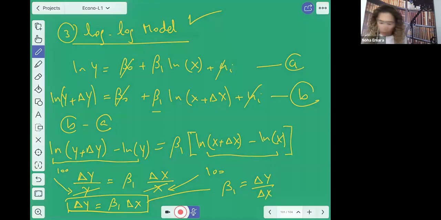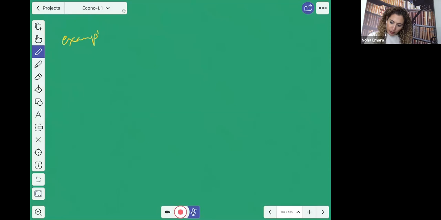So let me give you this example. So this example is an example of the elasticity model, price elasticity of demand, PED. The price elasticity of demand is the most famous log-log model in economics.